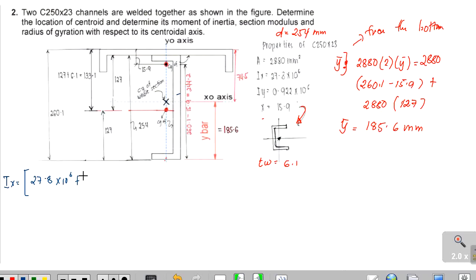We will use the transfer formula, area times d squared, the distance between the two centroids.